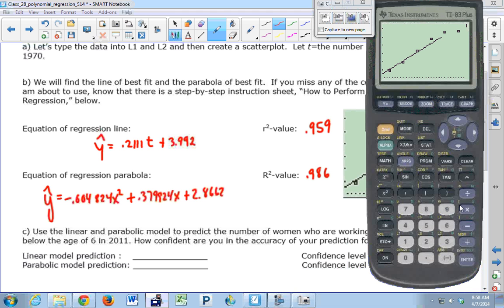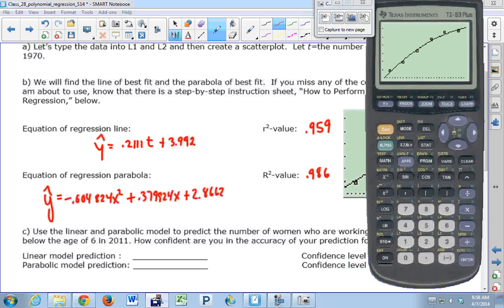So there's your straight line, and there's your parabola. And I'm going to turn off my straight line just so you can see how well the parabola fits this data. Zoom 9. Even though the line was a really nice fit, that's even closer to all those points. The little vertical deviations are much smaller.